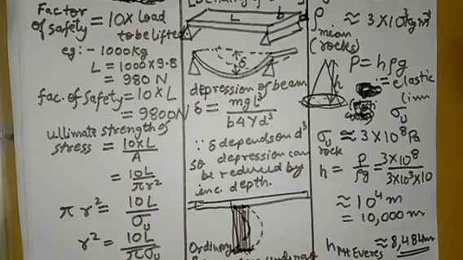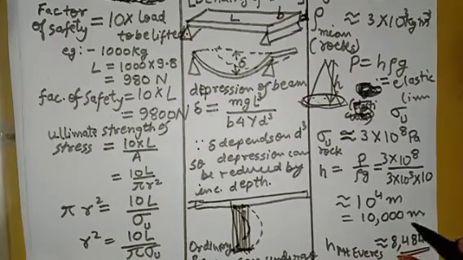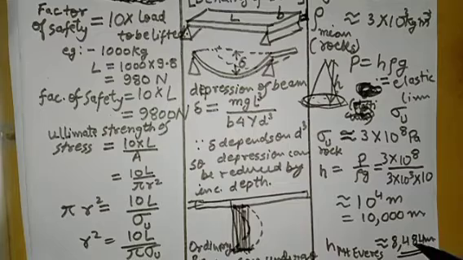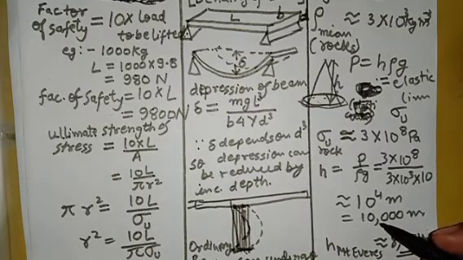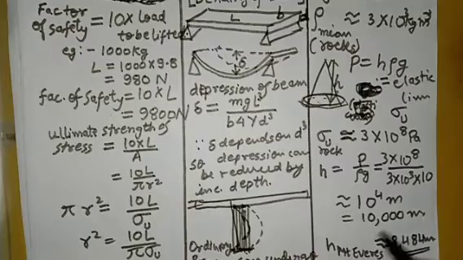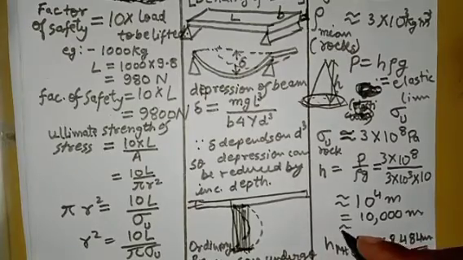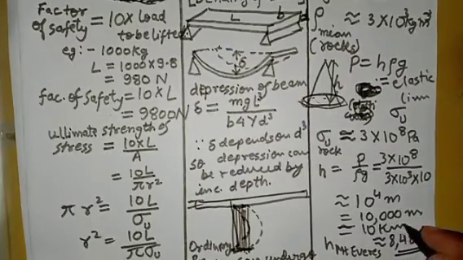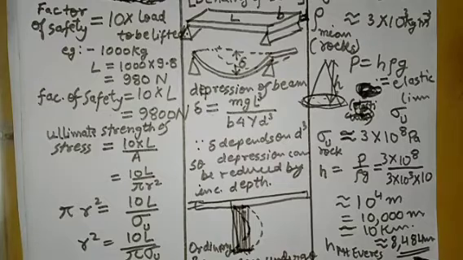Density might vary and acceleration due to gravity might vary, so it is not exactly 10,000 meters, but somewhat less than that. These things are not exact. One thing for sure, on earth any mountain can never be of height greater than 10 kilometers. This is what is there in actual practice.